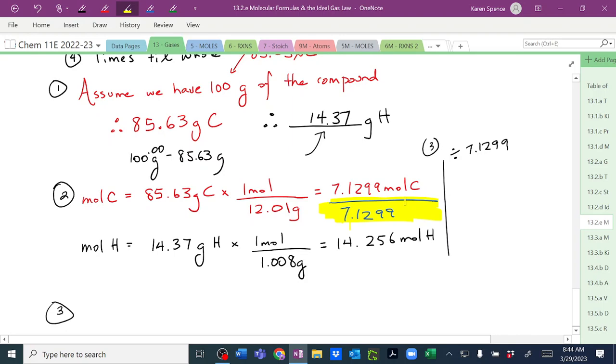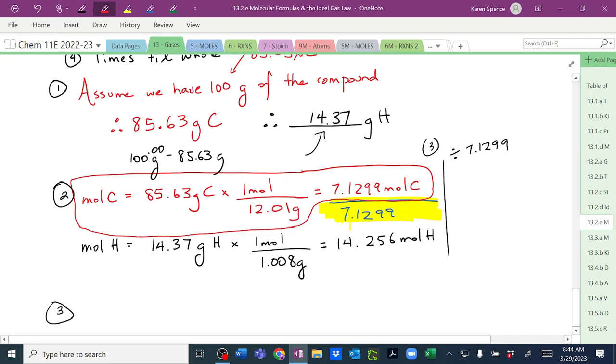No, because this bit is equal to 7.1299. It is not equal to 1, which is what it would be. So you cannot do it in that one step. You could show the work down below if you wanted to, or you can show it like I've done here, and we get 1.